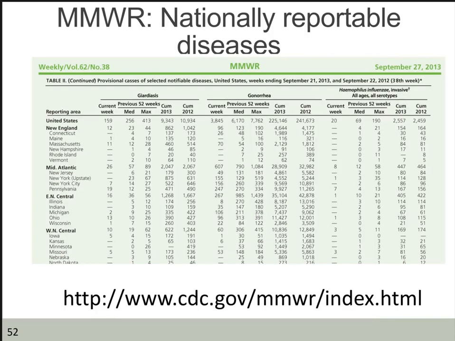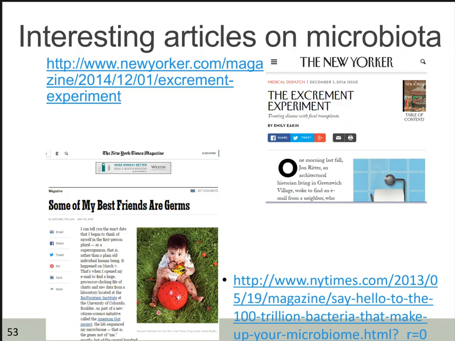There's also the MMWR. That's the website that I referred to earlier. It's a collection of all the data that the CDC collects from hospitals around the United States. There are lots of news sources that produce really nice stories on diseases, including the New Yorker, the New York Times, and Science magazine.